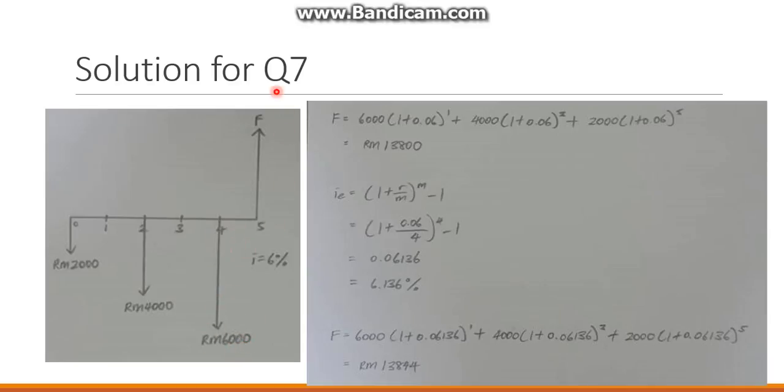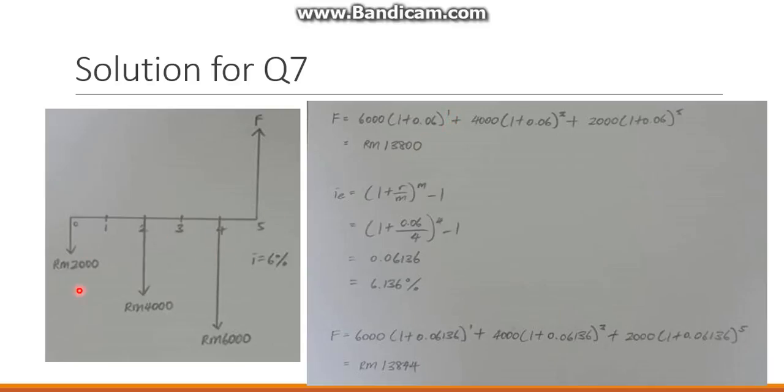So we need to find the F value, which means after 5 years, what is the value of the money? We use the formula P, the present value, times 1 plus i, where i is the interest rate, to the power of n, the number of years.